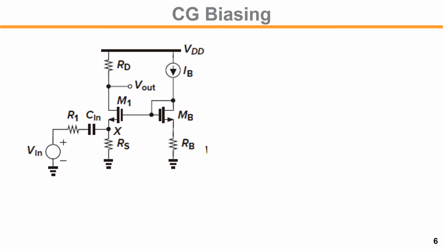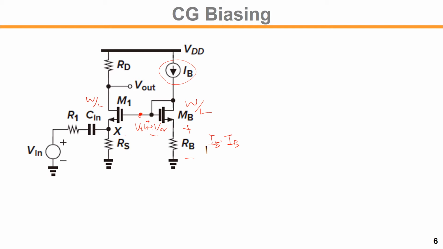The common gate amplifier bias is shown in here. We have IB. This will create a voltage drop across RB, that would be IB times RB. If the devices are the same size, W over L and W over L, then they will share the same gate voltage here. So this MB will have a VTH plus V overdrive between gate and source.